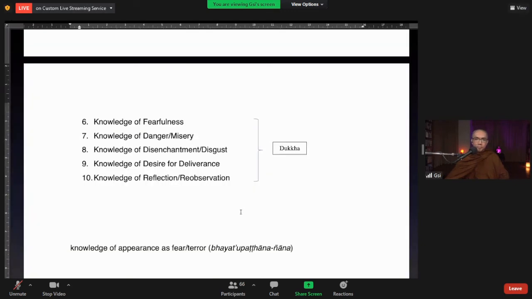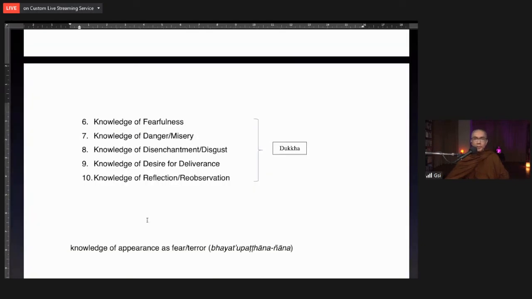Now, it does not end there, the dukkha. When it comes to the knowledge of reflection, or re-observation, this one is even more jialat. Even more difficult, even more oppressive.